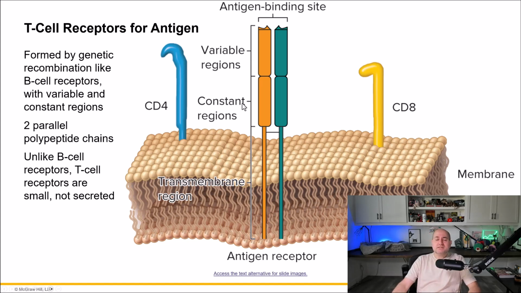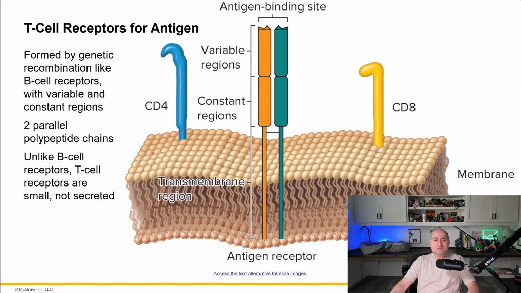By the way, make a note of this. Helper T cells have this structure on their surface as well. It's called CD4, or cluster of differentiation 4. It's an important protein on the surface of helper T cells, and it's also a marker of helper T cells.